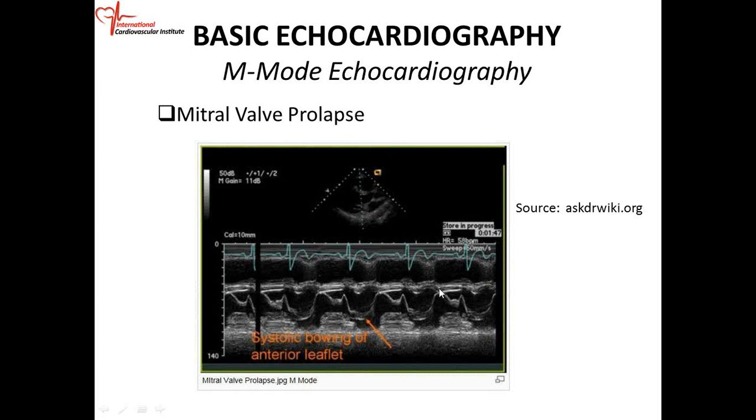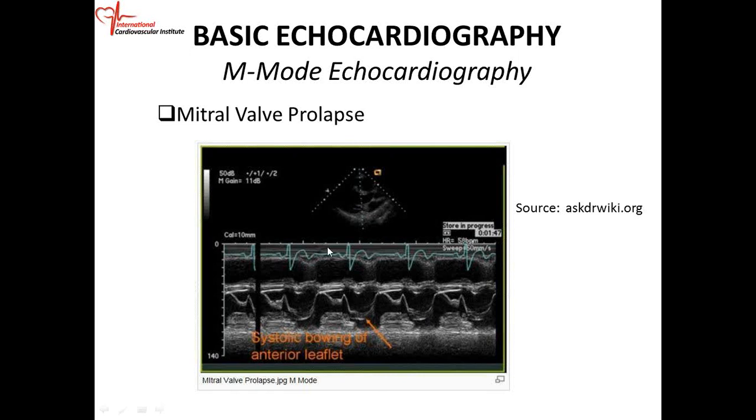This is the septum, the mitral valve. The mitral valve opens in diastole, closing in systole. You can see that in systole, the mitral valve is now bending into the left atrium. You have to know what your normal M-mode looks like, and then these things just stand out when you see them.